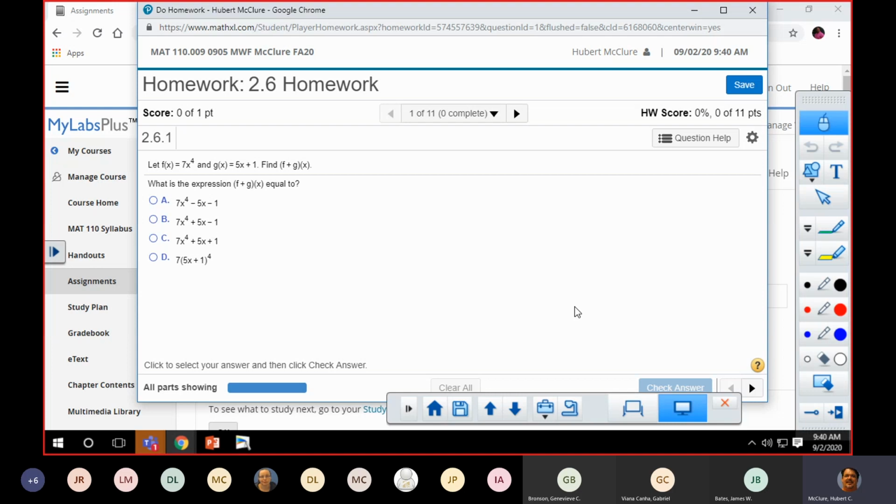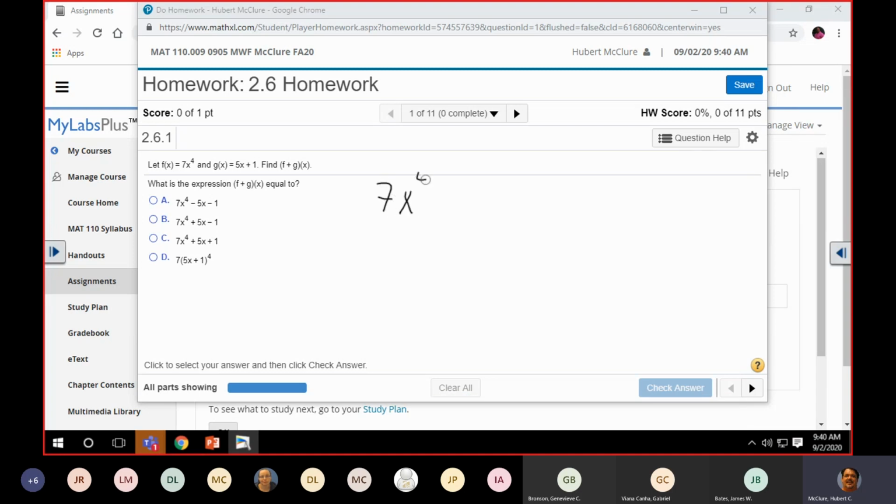Okay, so with this one, it says take 7x to the fourth and add it to 5x plus 1. That's the pre-algebra way of doing it. And you get 7x to the fourth plus 5x plus 1.